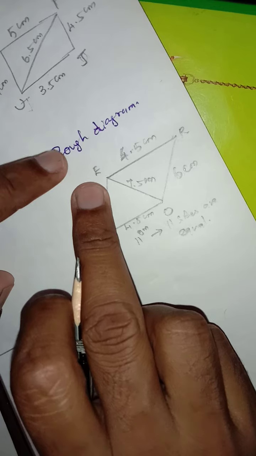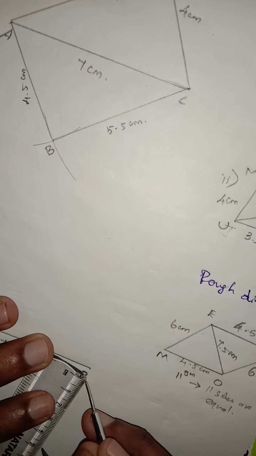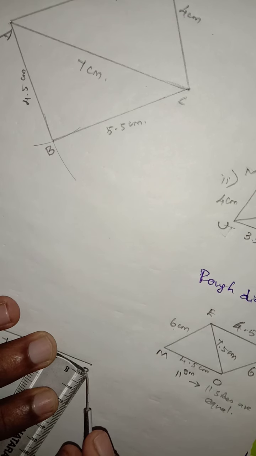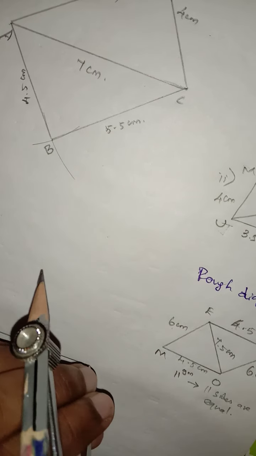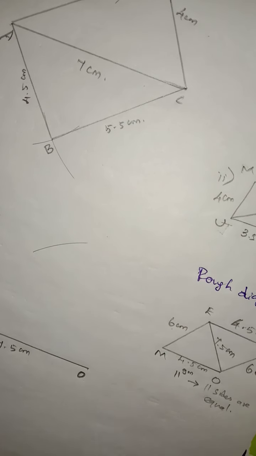Keeping the compass on E, we want to draw an arc of 4.5 centimeter. So measure 6 centimeter and draw the arc at O.